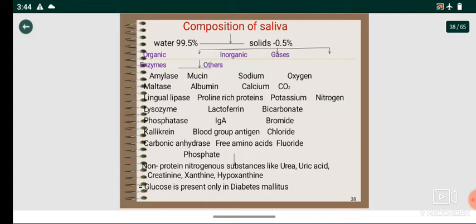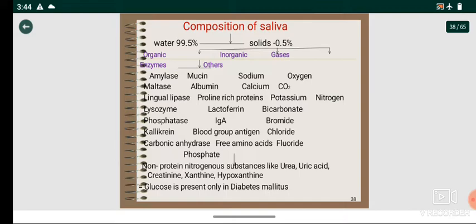Free amino acids are present in saliva. And the inorganic substances which are present in saliva are sodium, calcium, potassium, bicarbonate. Important ones are bromide, chloride and fluoride. So bromide and fluoride are also present in saliva. Now other non-protein nitrogenous substances like urea, uric acid, creatinine, xanthine and hypoxanthine are also present in saliva.